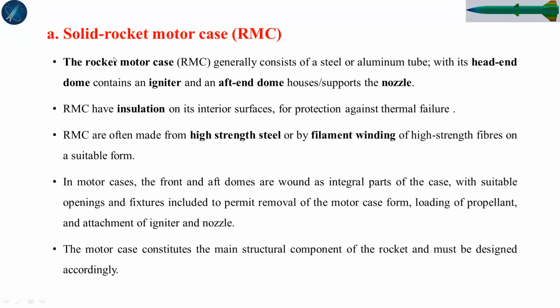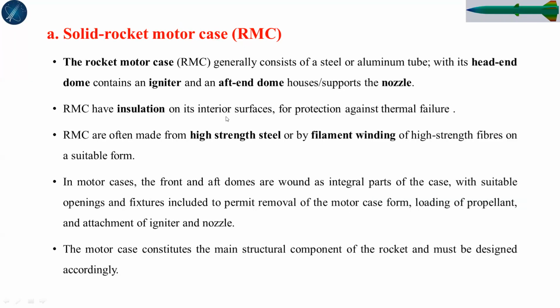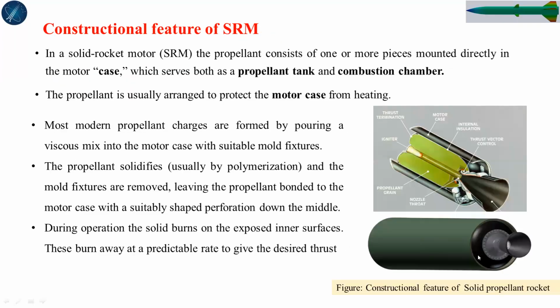In a rocket motor, the case generally consists of a steel or aluminum tube with its head end domes. You can see this is the dome. This is the external casing. The aft end dome houses or supports the nozzle. Here, this is the head end dome and the aft end dome.